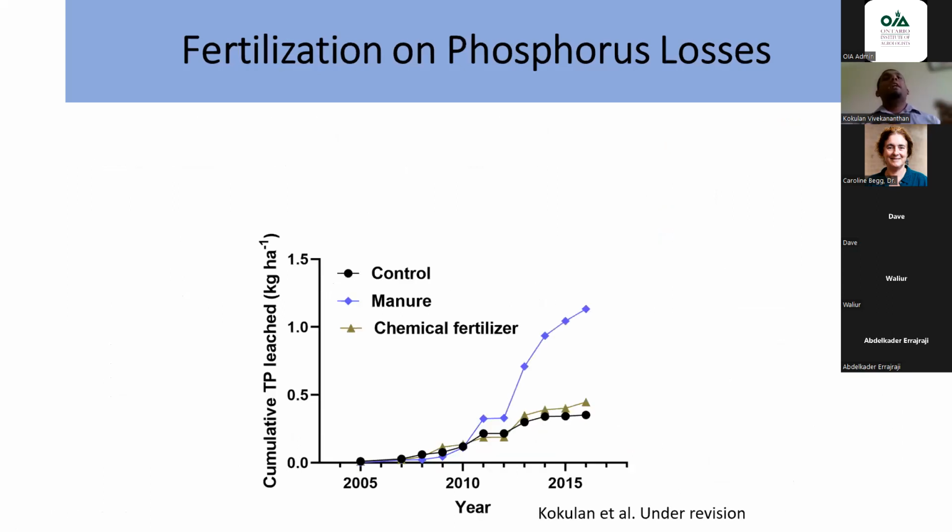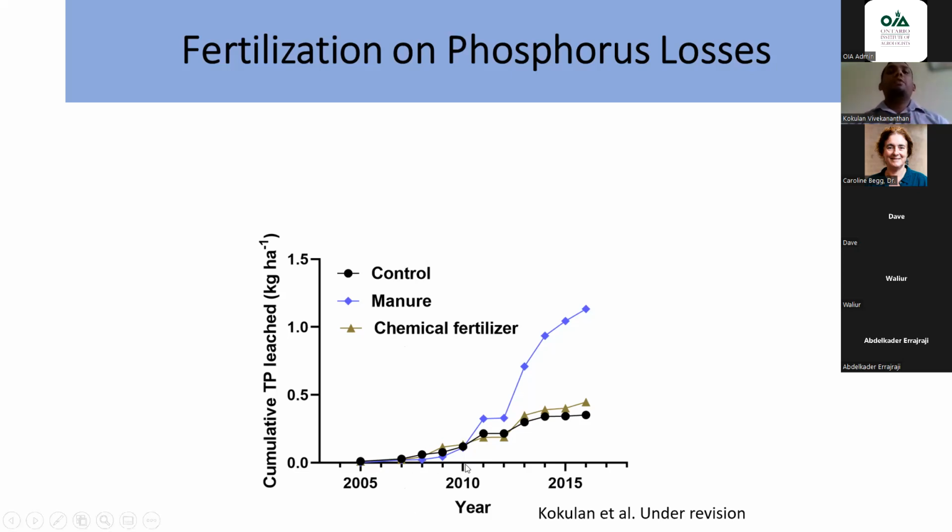So let's also see how this accumulation from the manure treatment could translate into phosphorus leaching losses. In this study, again done in Manitoba, liquid swine manure and chemical fertilizer were applied continuously for 12 years to provide the same amount of phosphorus, and the total phosphorus leached was monitored through lysimeters.